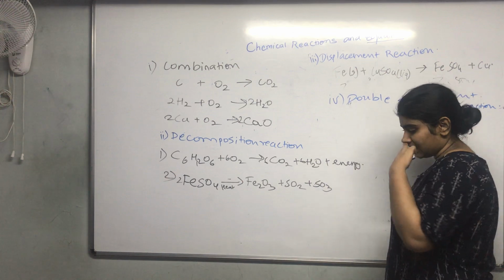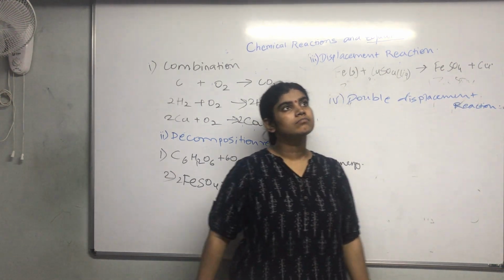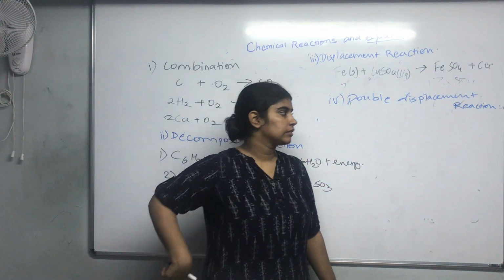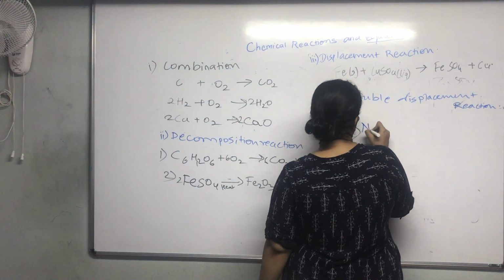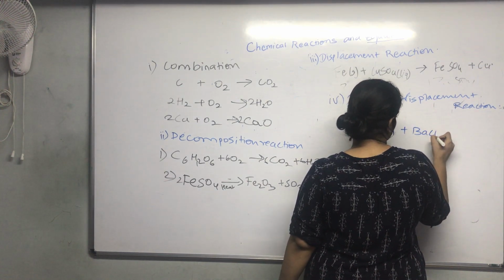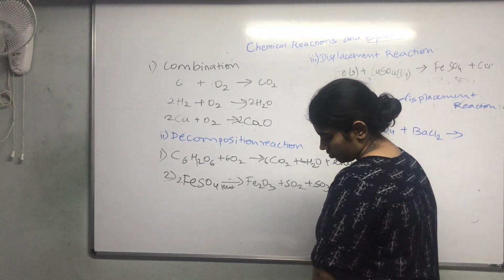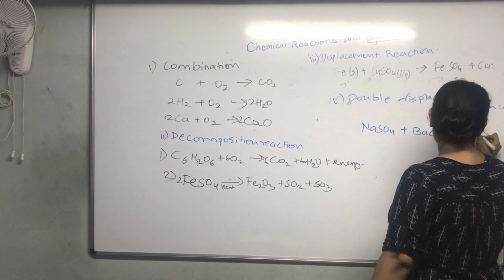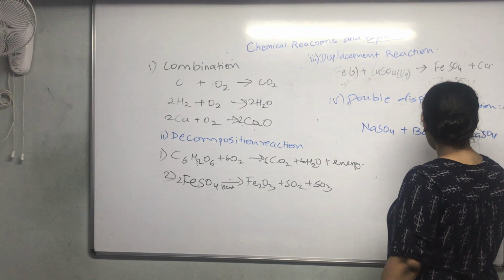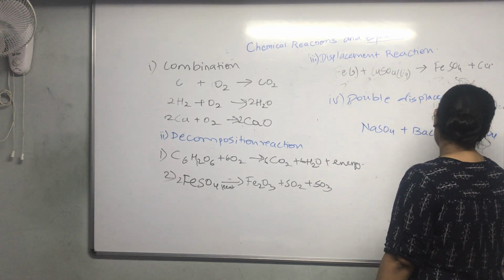Okay, so there is Na2SO4 along with barium chloride, which gives you barium sulfate plus sodium chloride.